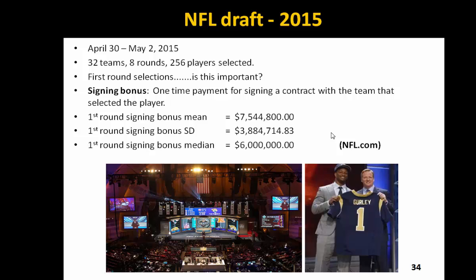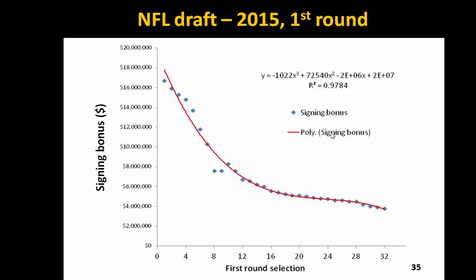But when we plot the data here, it reveals some interesting findings. Along the x-axis here we see first round selection as a function; this is not a frequency distribution. These are plotting the data on a scatter plot.